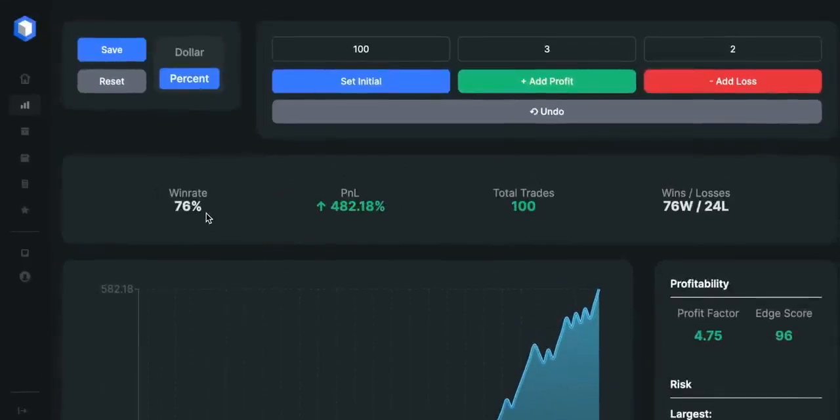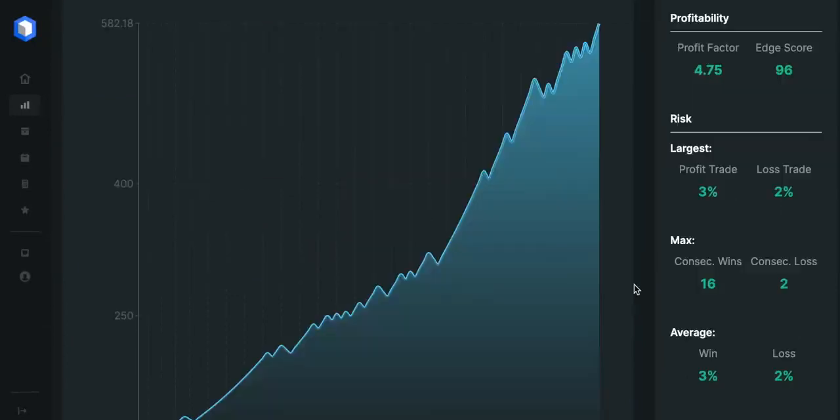The profit and loss is also looking really good. The profit factor is 4.75 and we had 16 consecutive wins against only 2 consecutive losses. So yeah, I'm really happy with these results. The strategy is definitely worth our time.